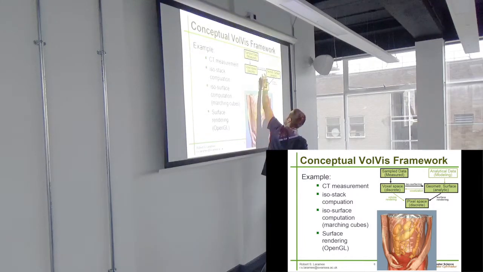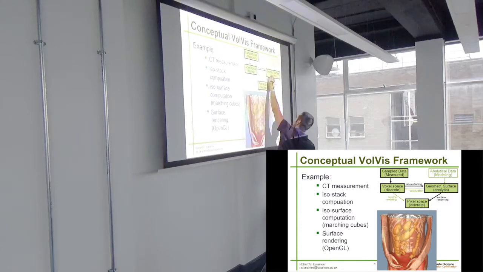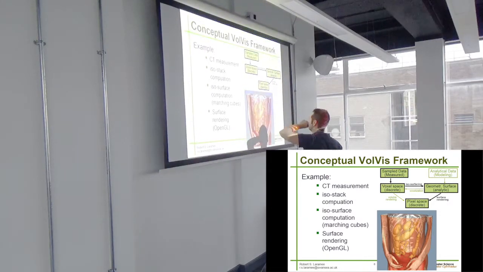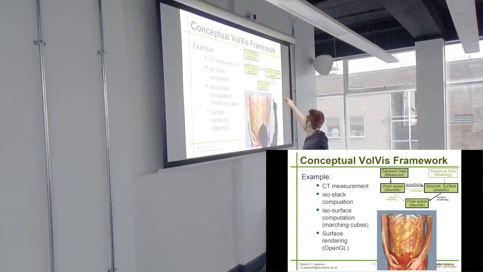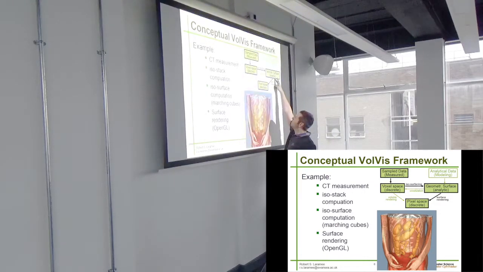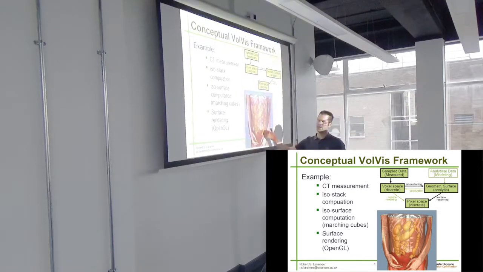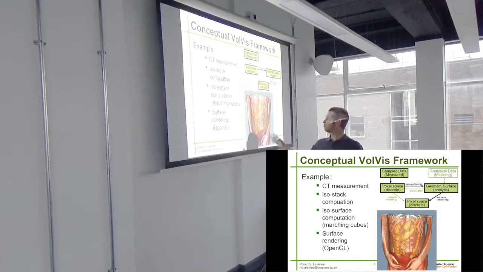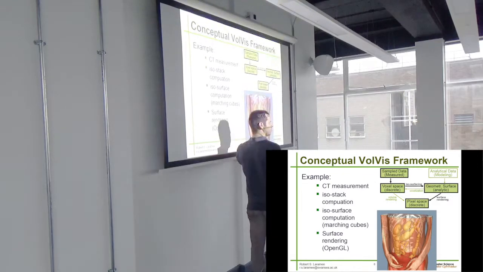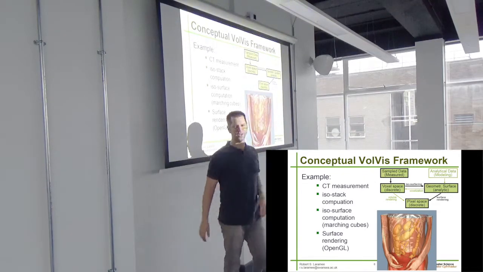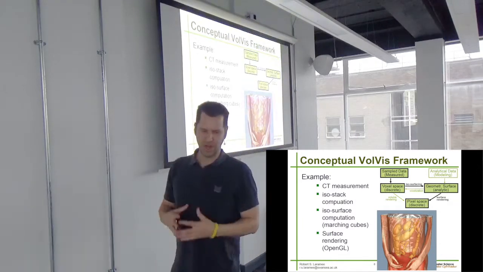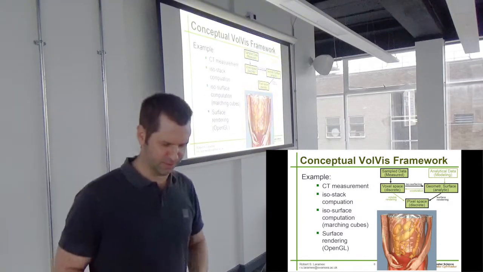Then we perform a surface extraction technique, which is what this lecture is about. Here we have boxes, and we end up with a set of triangles. Then we project the surface from 3D space to 2D space, and we end up with that image. This is multiple isosurfaces, by the way. It's not just one. So that is conceptually what we're talking about.